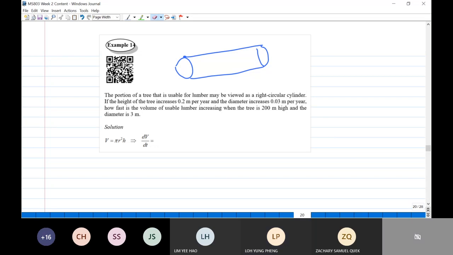The height of the tree increases at 0.2 meter per year, so you can write that the height increase is 0.2 meter per year. The diameter also increases: let D be the diameter, increased by 0.03 per year.